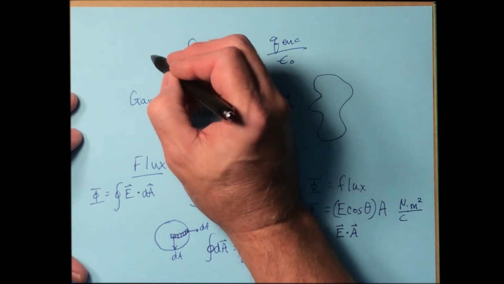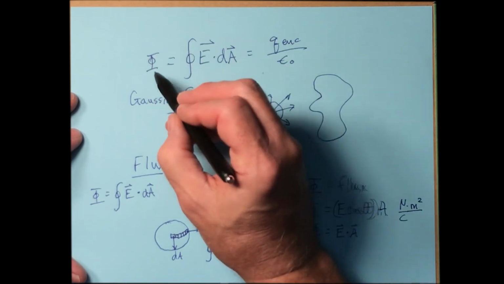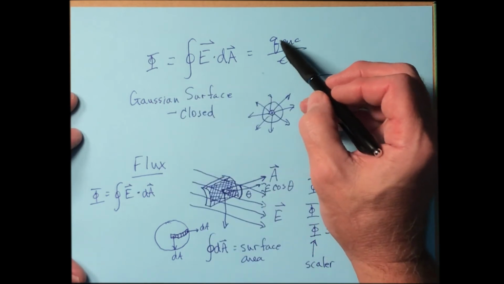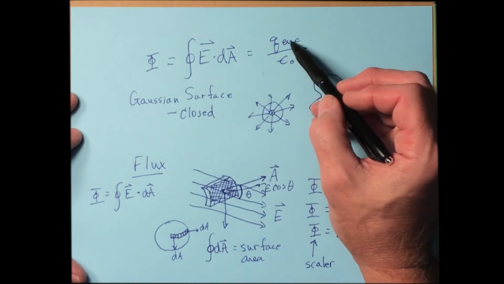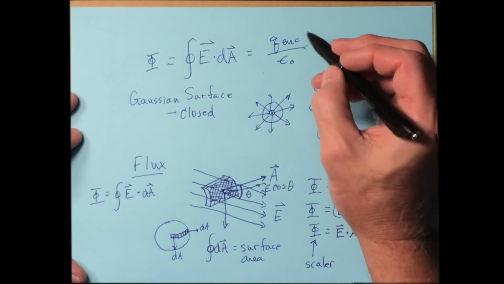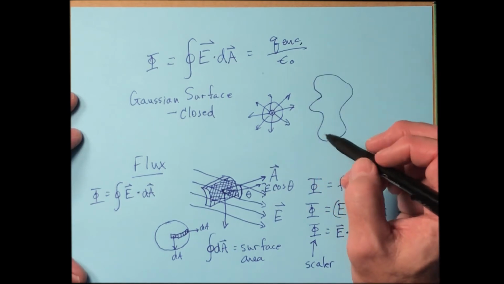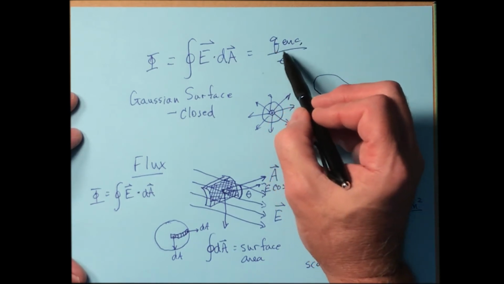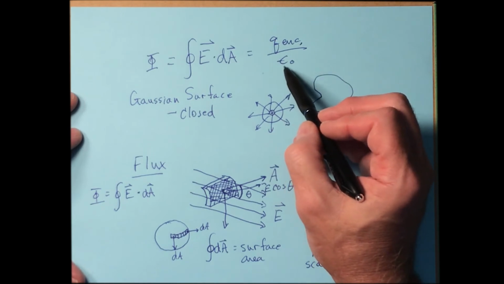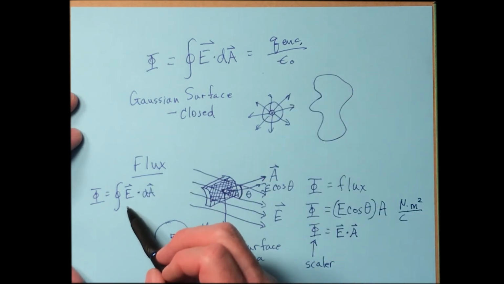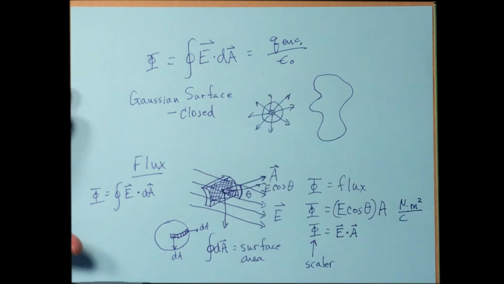So we could say electric flux equals Q enclosed, with a subscript ENC, which is an abbreviation for enclosed, divided by epsilon naught. So this portion right here is the left-hand portion of Gauss's law. And that's also our definition of flux.